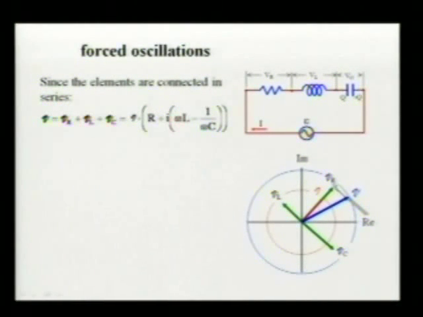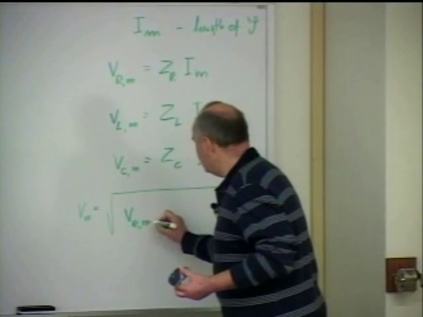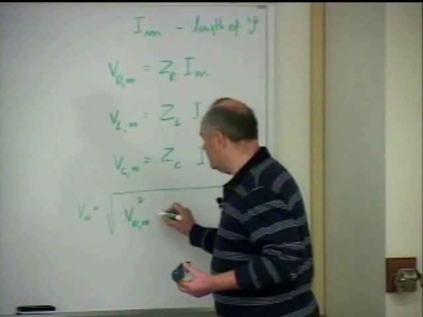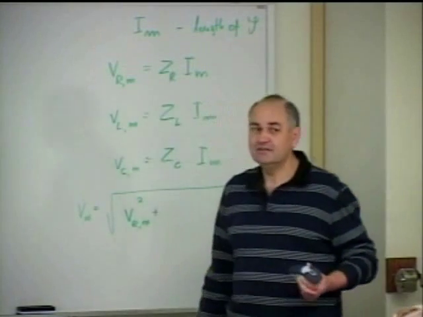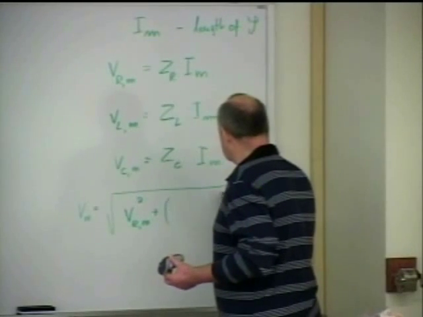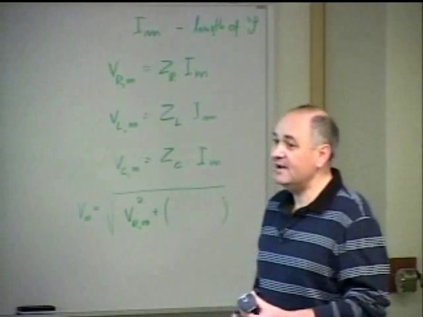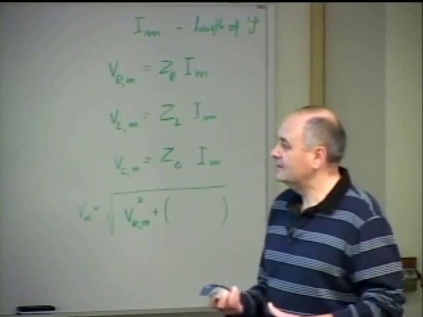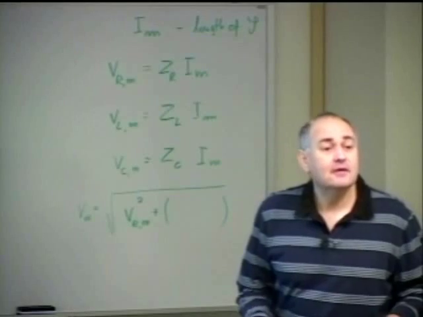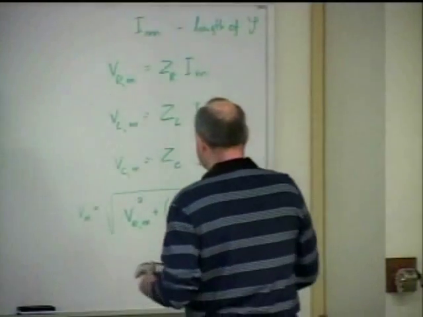The difference between the other two, right? The length of the other two. Correct. As I will write down: the peak value of the potential difference across the inductor minus the peak value of the potential difference across the capacitor, squared. All right. Now I will explicitly relate it to the peak value of the current.